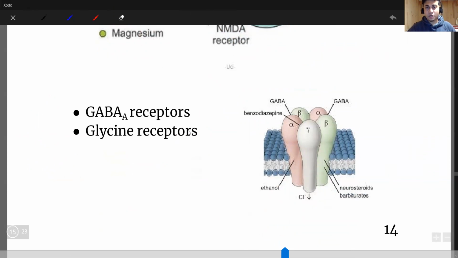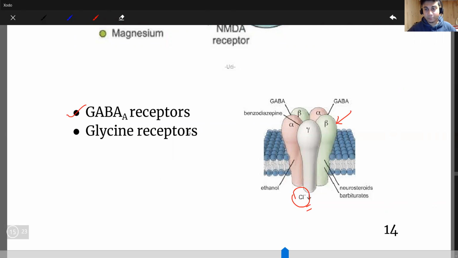Now, we discussed the GABA B receptor, which is a G protein coupled receptor. Here is a GABA A receptor, which is not a G protein coupled receptor. It's a ligand gated ion channel receptor, and this is an ion channel for chloride ion.